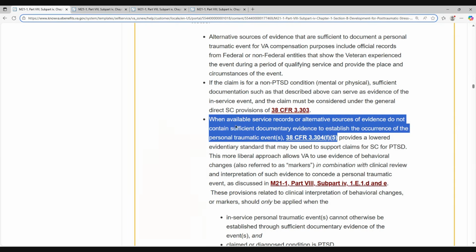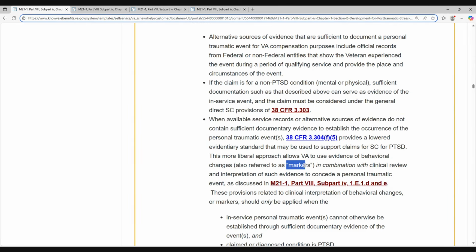So it says when we don't have objective evidence to substantiate the claimed stressor, the MST or personal trauma stressor, then we're supposed to shift gears after doing a thorough review of your objective evidence. Then we're going to be switching to the marker system, and I will review the marker system later on. But just keep in mind this is the order of operations.